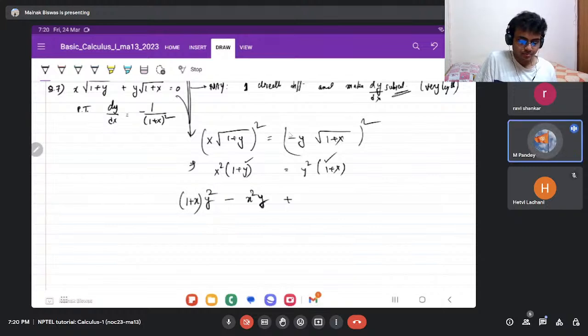So write y square by 1 plus y is equal to x square by 1 plus x. So I'll just try to do something like this. I'll show you what I'm trying to do. Okay, so that will not work actually. I tried that. y square x, x square plus x square y, right?